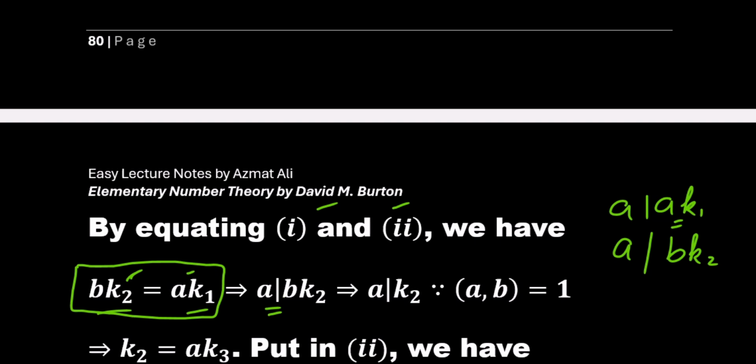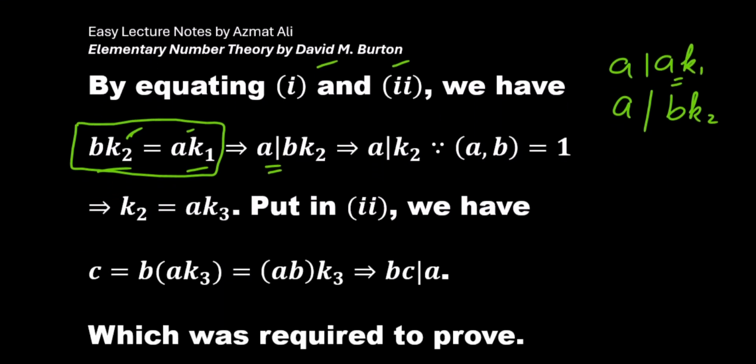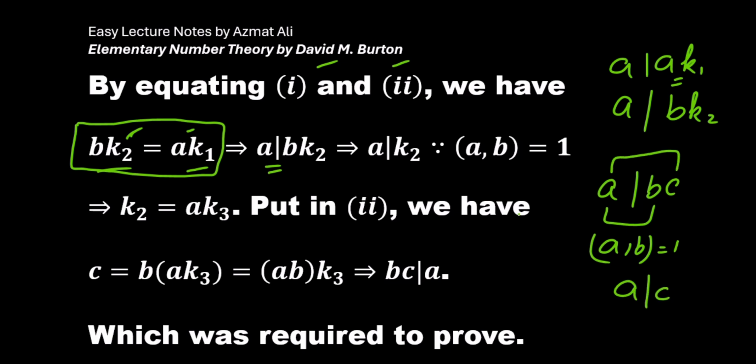Now, in the next lecture we will discuss the Euclid lemma that I am using here. Euclid lemma says that if a number A divides the product of two integers B and C, and the GCD of A with one of them is 1, suppose the GCD of A and B is equal to 1, then it must be that A divides the third number C. So as here A divides this product BK2 and it is given that the GCD of A and B is equal to 1, by using Euclid lemma, A divides K2.